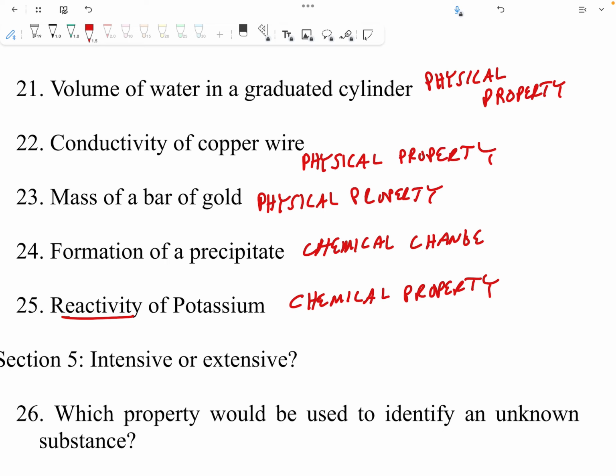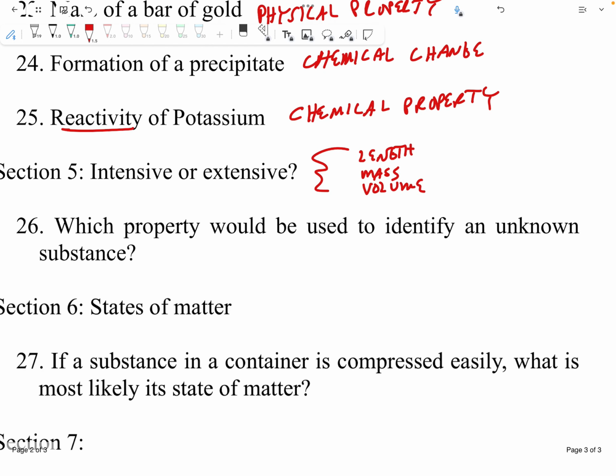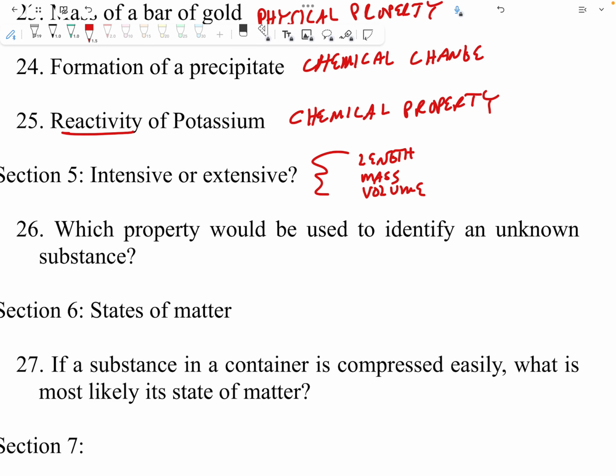So now we're dealing with intensive or extensive. Extensive properties deal with properties that depend on the amount of matter. So extensive properties being something like length, mass, volume, like that. And so, number 26, which property would be used to identify an unknown substance?